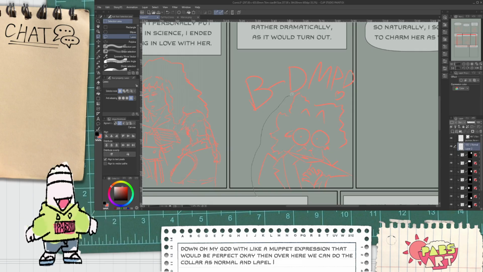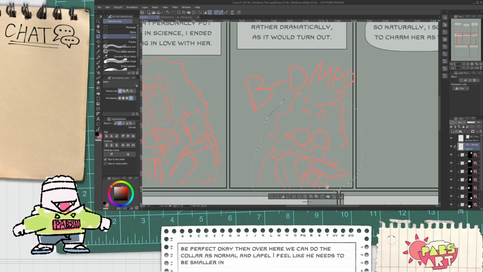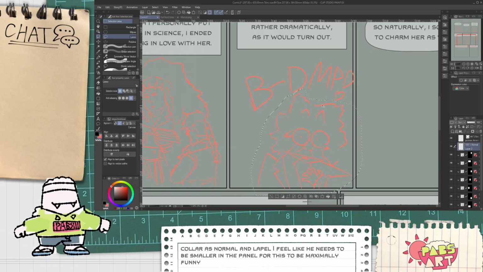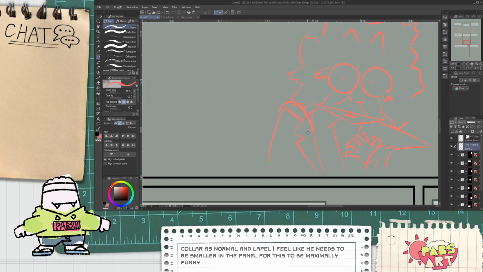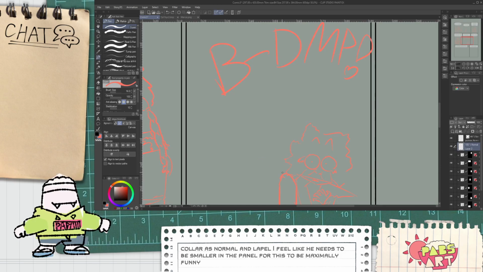I feel like he needs to be smaller in the panel for this to be maximally funny. With maybe his heart coming from out behind here.